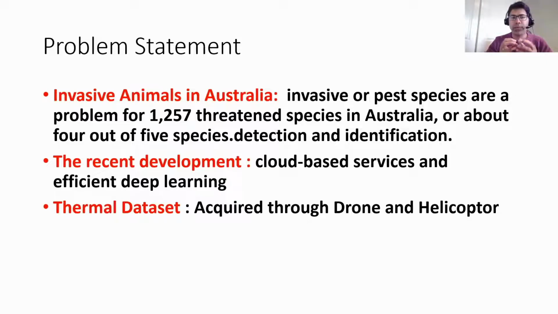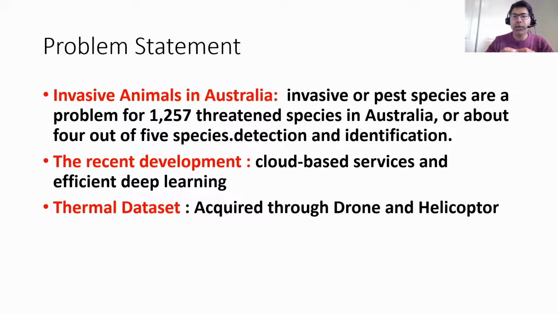They are very invasive animals which destroy farmlands, destroy the environment, and are a threat to many rare species. The Australian government has many different projects already in existence which are trying to identify, detect, and eradicate these invasive species.